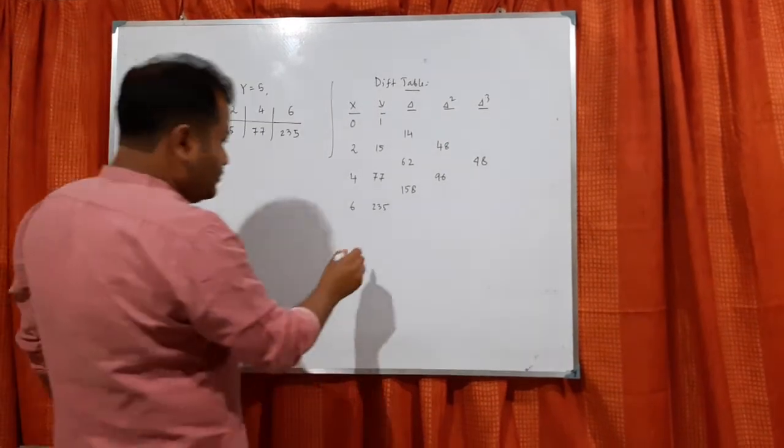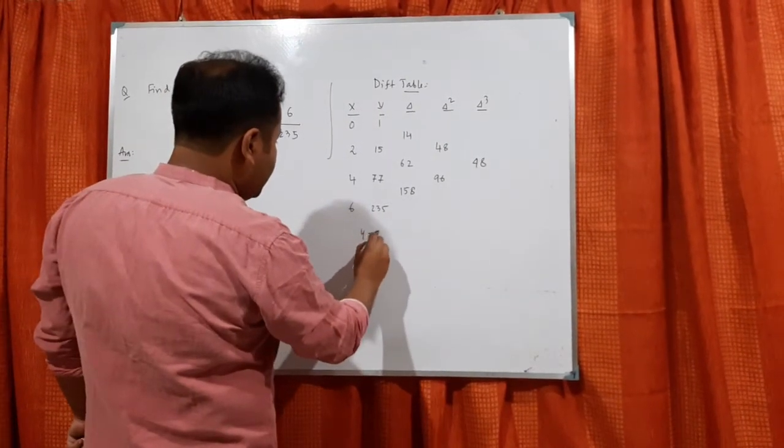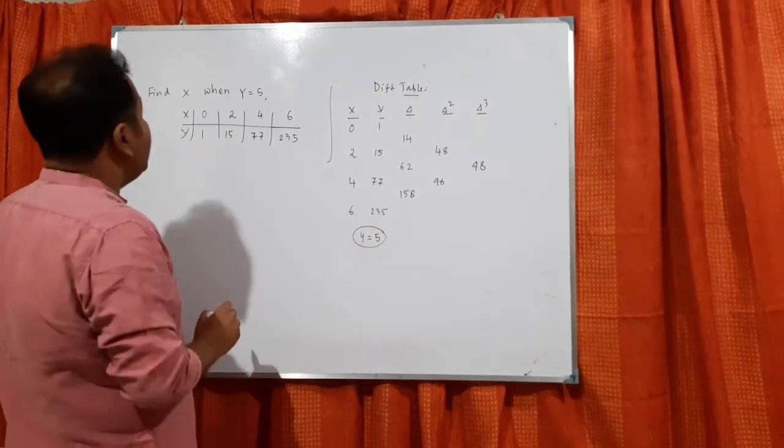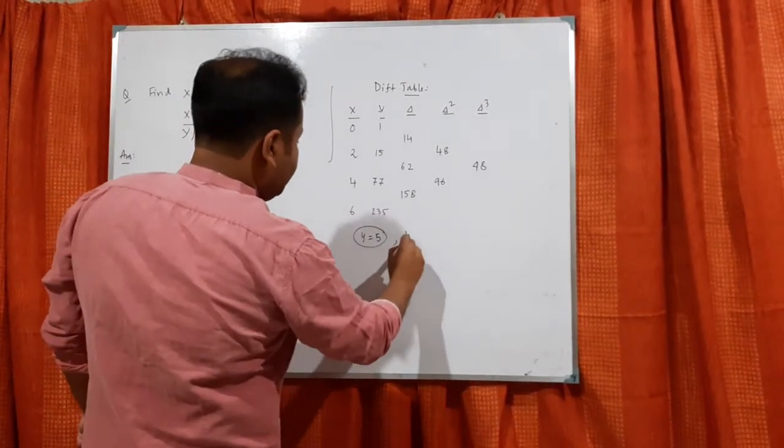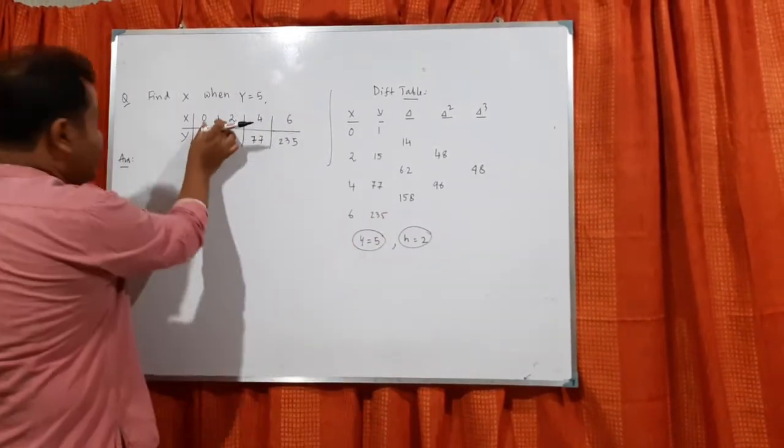Now some information we can write: the y value is given as 5 and the h value is 2, because the gap is 2.